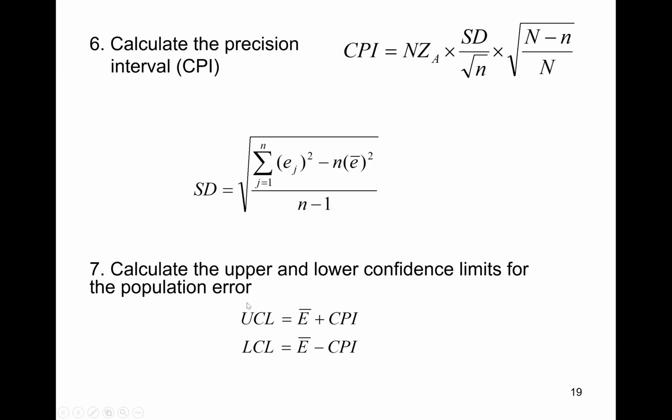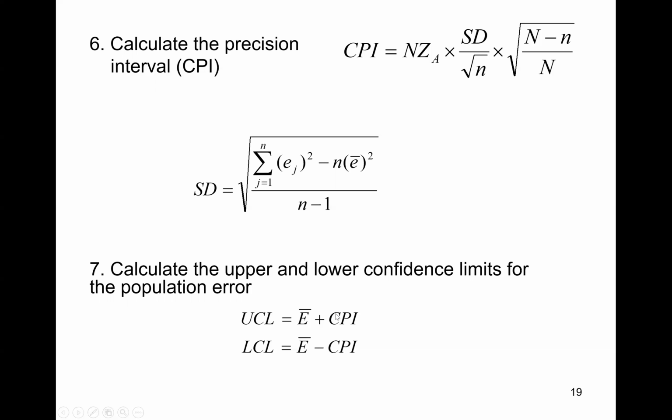Step 7 is to then calculate the upper and lower confidence limits for the population error. So what's the upper confidence limit? Well, it's the expected error in the population plus this allowance for sampling risk. This allowance for sampling risk is because you are not testing everything in the population.